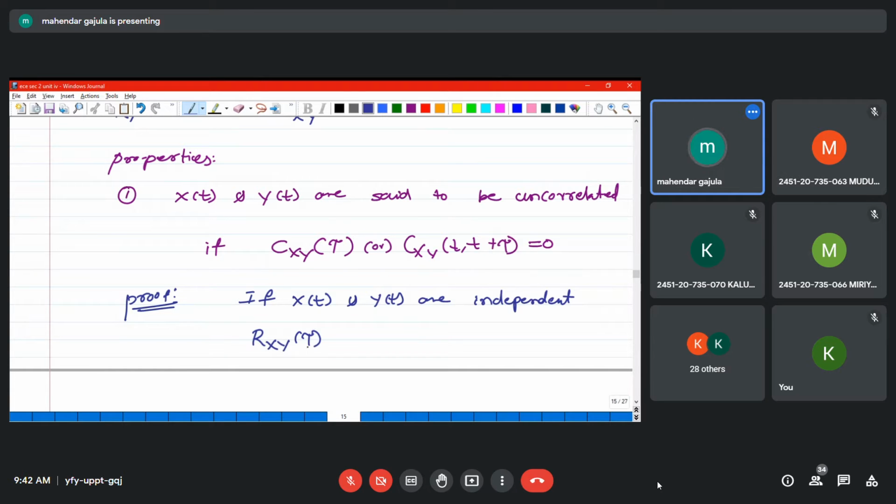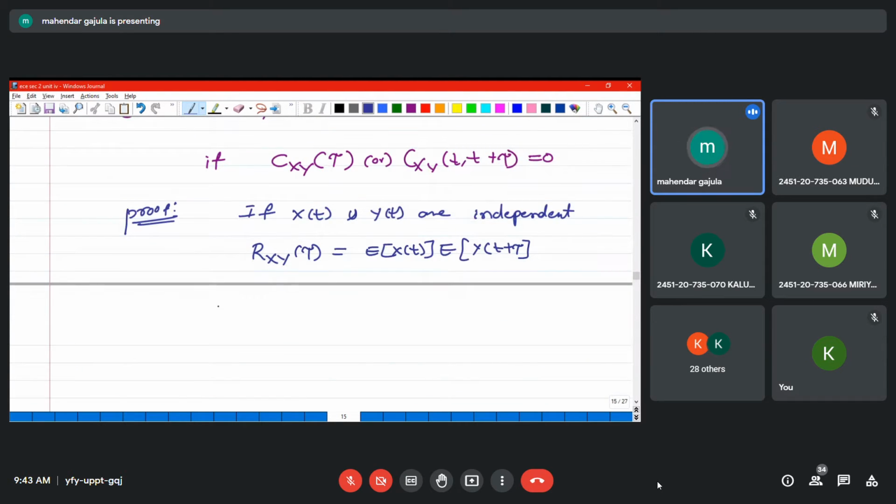Rxy tau or Rxy t comma t plus tau is the expectation of xt times the expectation of y t plus tau. Now let us apply this in the covariance formula Cxy tau. What's the formula? Rxy tau minus the expectation of xt, the expectation of y t plus tau.